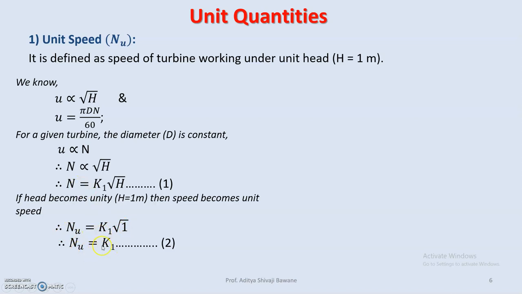Substituting, N equal to Nu into under root of H. The final equation becomes Nu equal to N by under root of H. Likewise, with multiple speeds and heads, N1 by under root of H1 equal to N2 by under root of H2. If you have one quantity, you can find the other quantities.